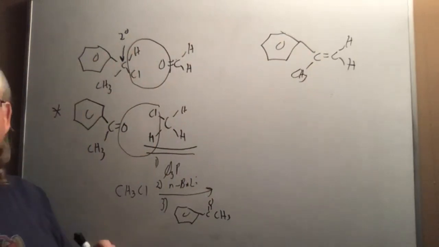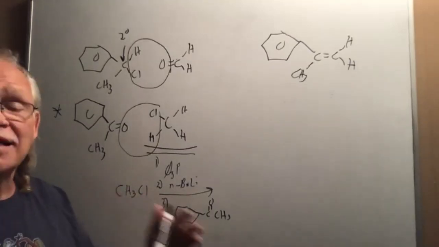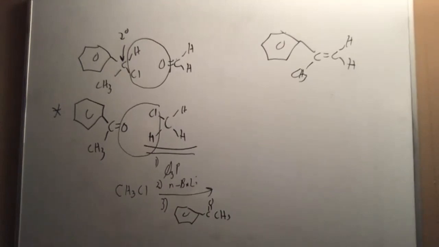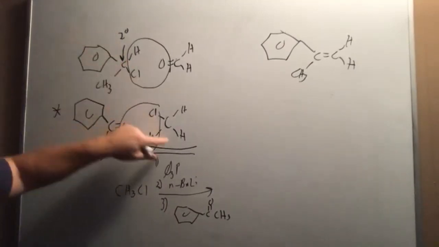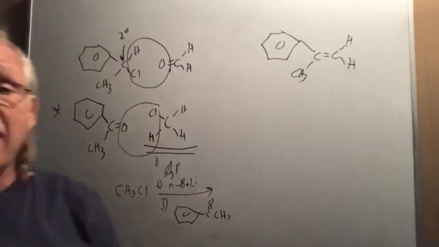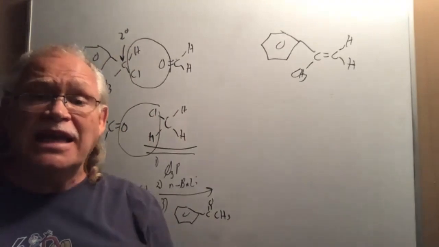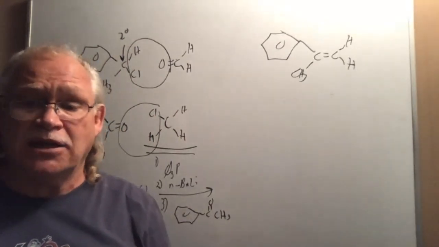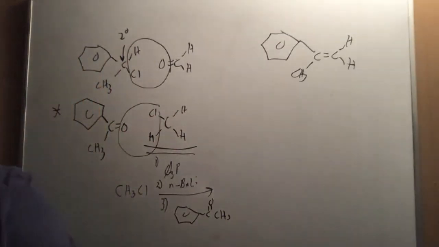One of them will be a better choice than the other. And what decides which one is the better choice is which one of the two halides, this one or this one, is better in an SN2 reaction. And remember, the least hindered the halide is, the better the reaction is in an SN2 reaction. So that's the last question that's going to be on the test.